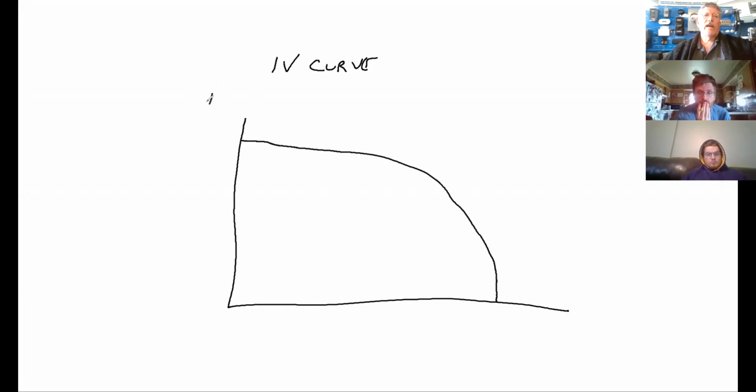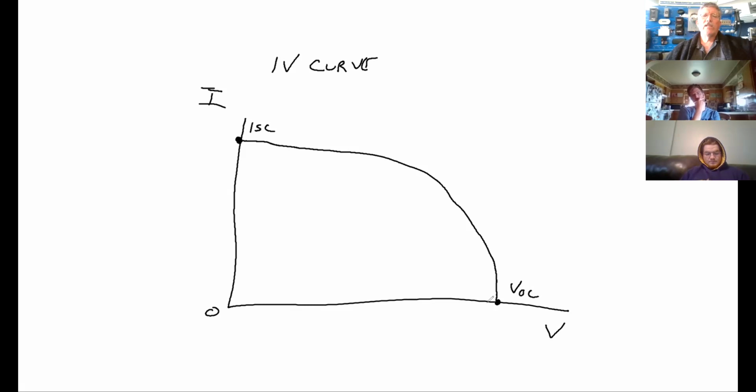And if this is amps, and this is volts, and this is 0, then the maximum amps that panel could ever produce under standard test conditions is going to be the ISC. And the maximum volts it could ever produce is the VOC, volts open circuit.